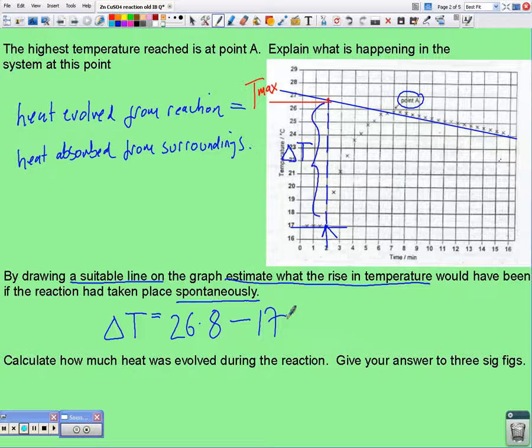Excuse me, I got lost then. That gives me about 9.8 degrees centigrade.